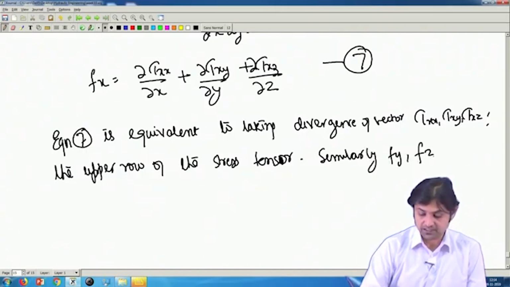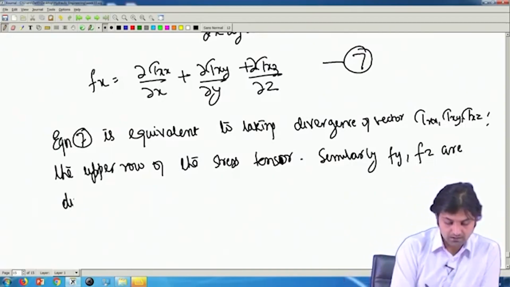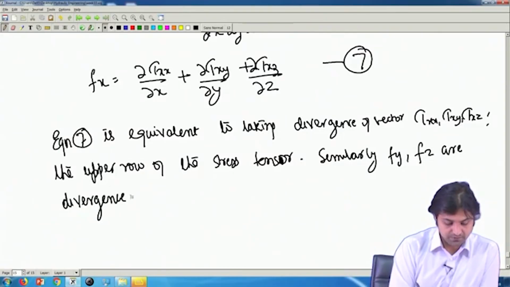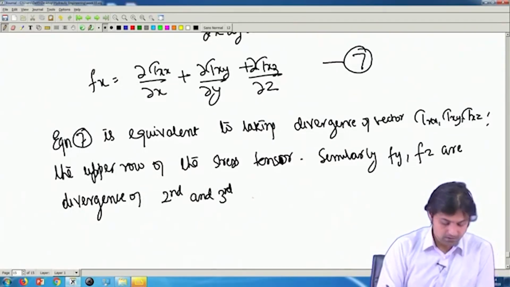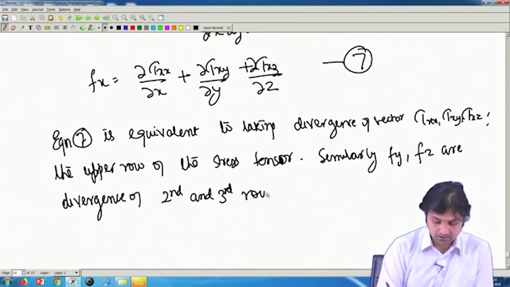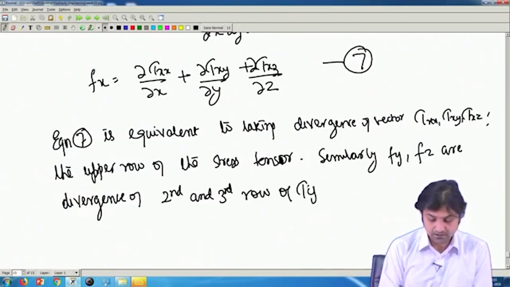So similarly, Fy and Fz are the divergence of the second and third row of tau ij.